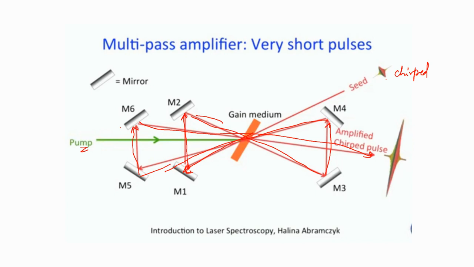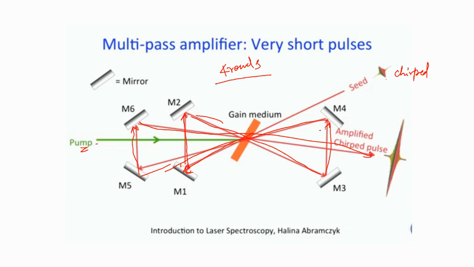What we missed here is the pump, which is used for the amplification within the gain medium. As you can see, the first round passes through M1 then M2, second; then M4 to M5, third; and then M6 to M4, fourth. So basically, it does four total rounds through the gain medium.